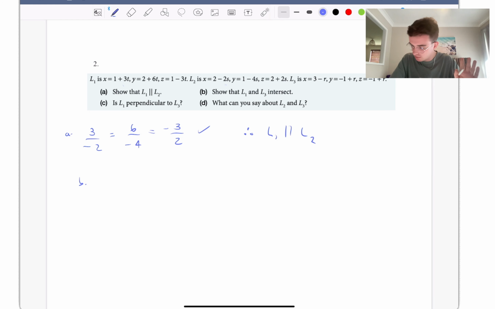Let's find the direction vector of each of these vectors. So for L1, we've got 3, 6, minus 3. So that's the vector that's representing the direction of my vector, and the 1, 2, 1 is where it starts.